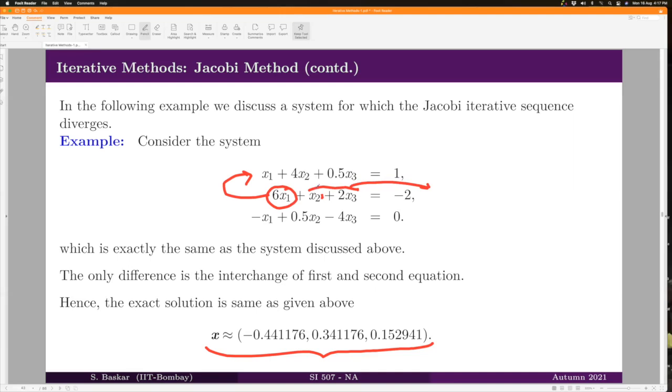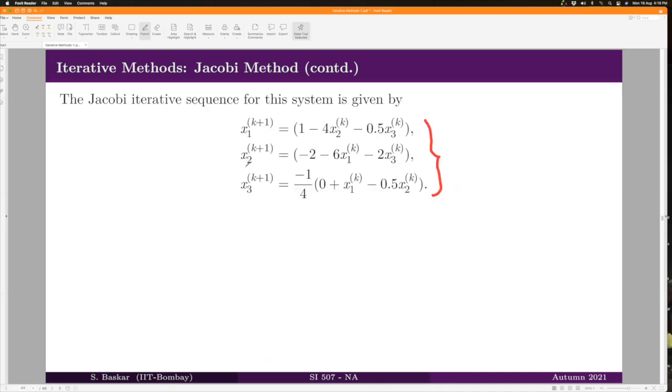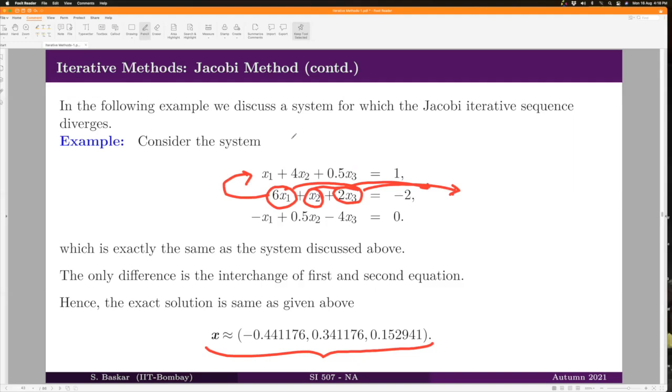Now you will keep this on the left hand side because your equation is in the second position, whereas these two terms will be pushed to the right hand side, and thereby your second equation is like this. Similarly, in the previous iteration, this was kept on the left hand side and these two were pushed to the right side.